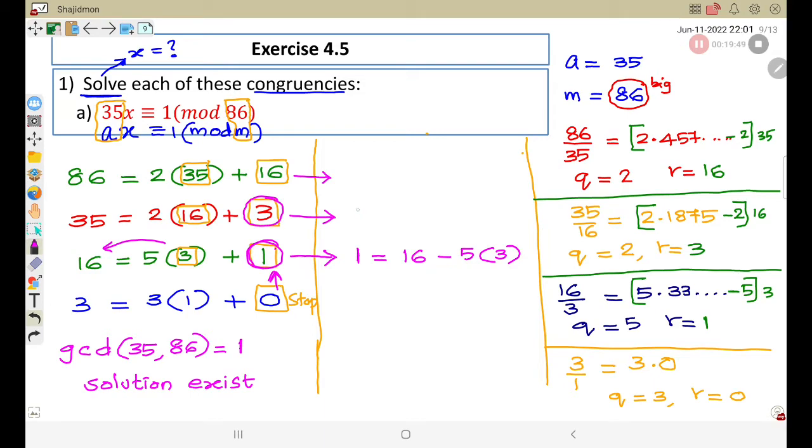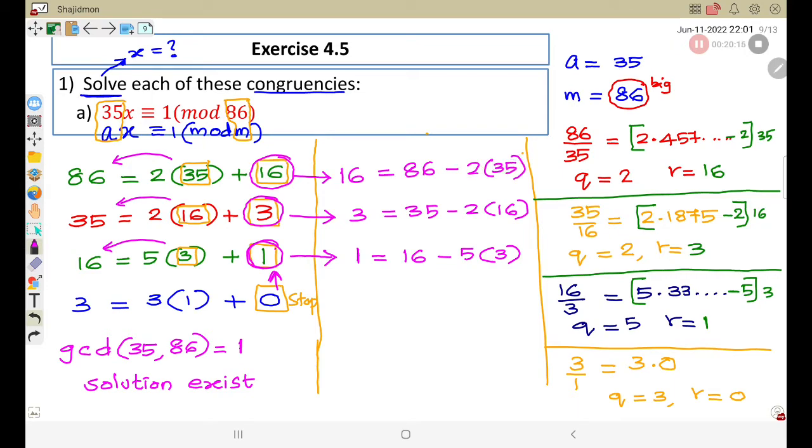So 3 equals 2 multiply 16, take to next side. So 35 minus 2 multiply 16. First equation, write what is 16. So 16 equal 2 multiply 35, take to next side. So 86 minus 2 multiply 35.